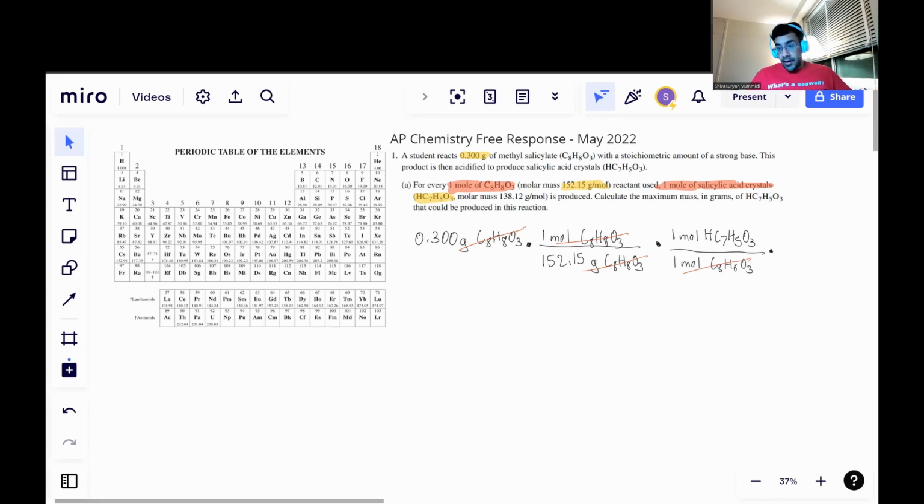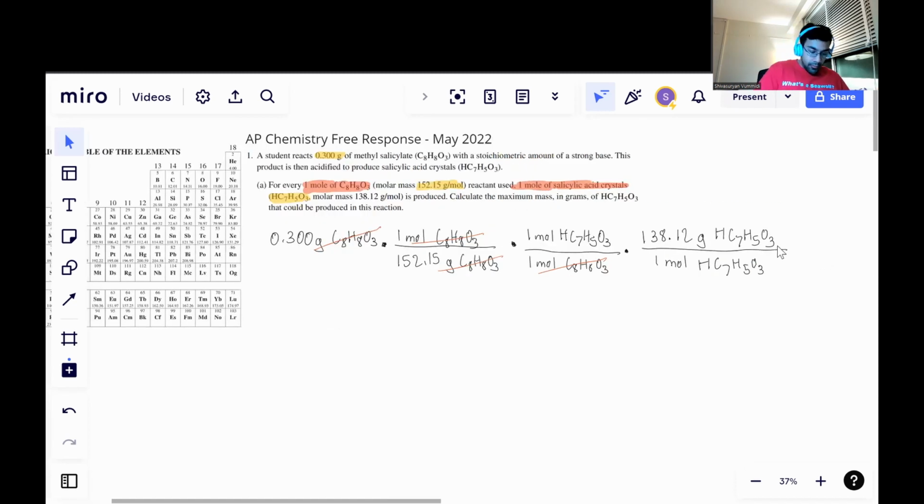To figure out the grams of HC7H5O3, we multiply by the molar mass, which is 138.12 grams per mole. So we would multiply by 138.12 grams of HC7H5O3 over 1 mole of HC7H5O3.